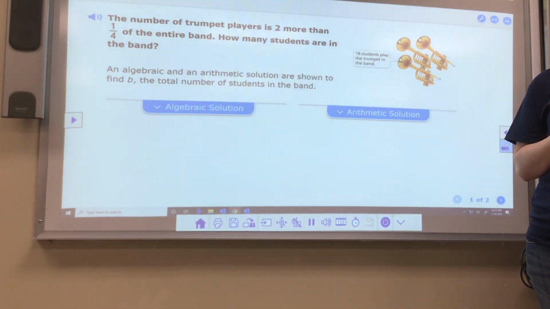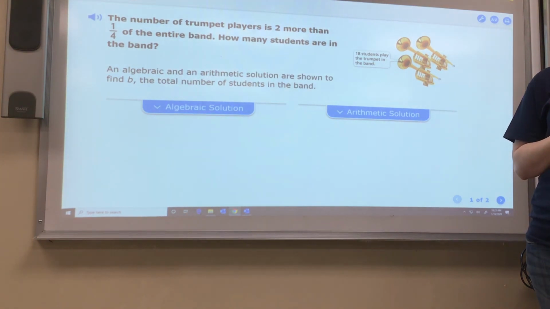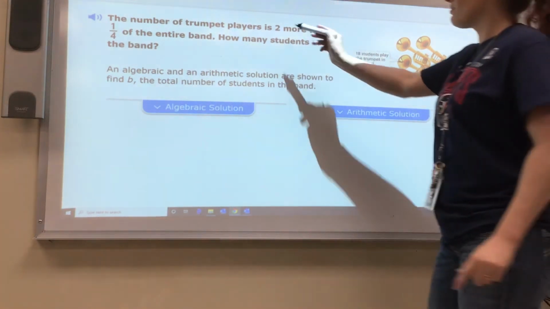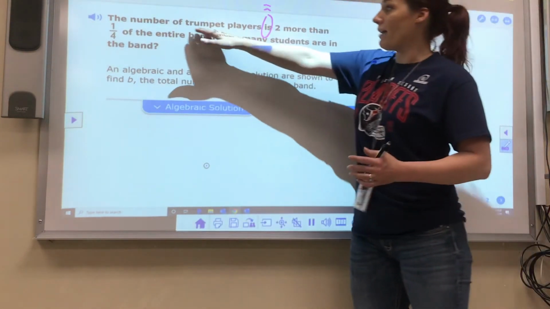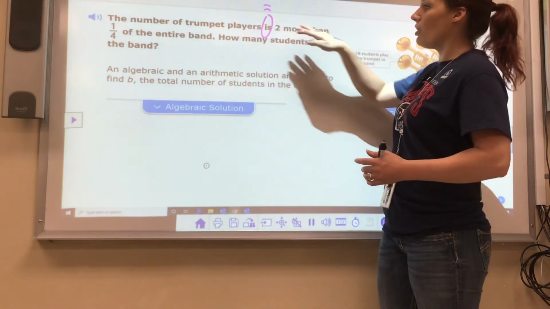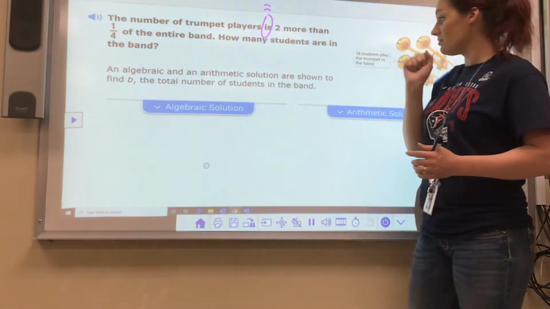To help out those that aren't sure what the equation is, this has a very specific equal to word. What is it? Where's my equal to word? Is. Mateo? Is, right here. There's where my equal is going to be. So whatever this is going to equal whatever this is.